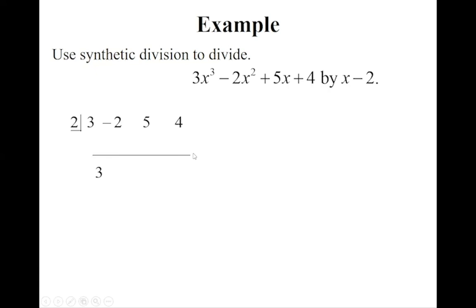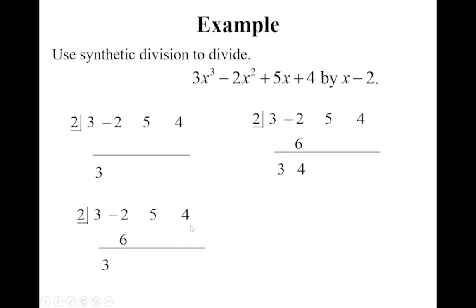Put our horizontal bar, bring down the first number, bring down the 3. Then we multiply. 2 times 3 is 6. And we add negative 2 plus 6 is 4. Then we multiply. 2 times 4, that's 8. And then we add 5 plus 8.